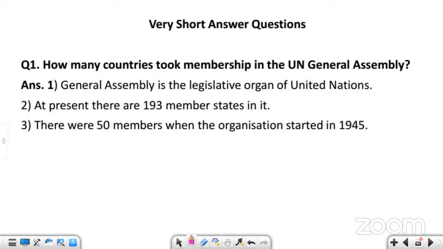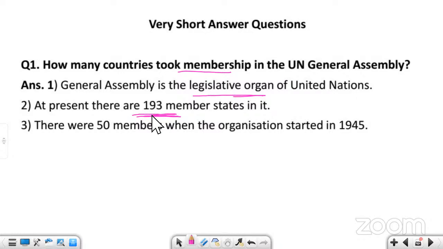Very short answers. The first one is, how many countries took membership in the General Assembly? When I started this chapter, I told you that there are 193 member states. The General Assembly is the legislative organ of UNO, and there are 193 member states in it.